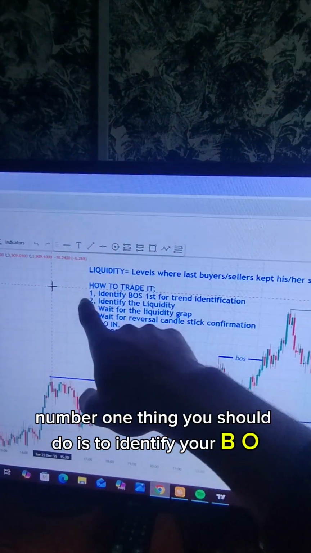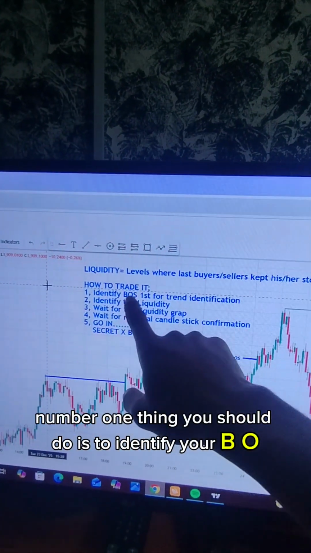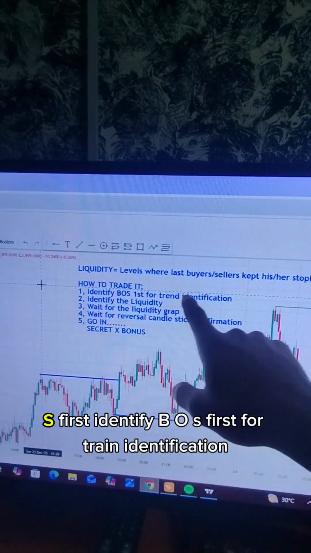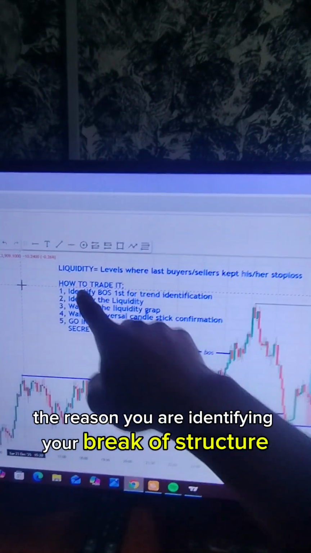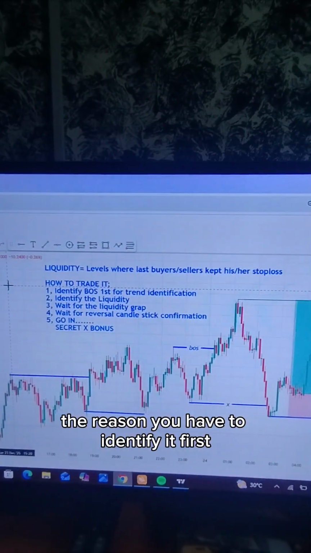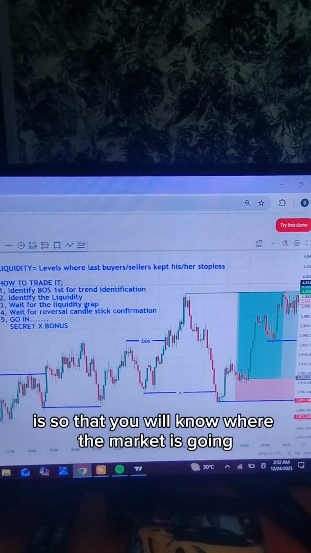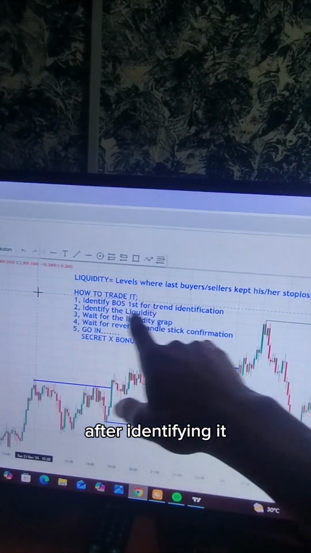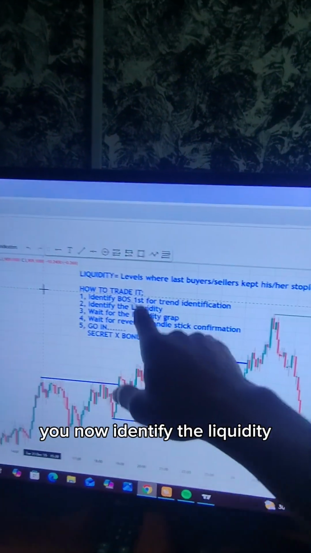Number one thing you should do is to identify your BOS first. Identify BOS first for trend identification. BOS is your break of structure. The reason you have to identify it first is so that you know where the market is going, the trend or the direction of the market. After identifying it, you now identify the liquidity.